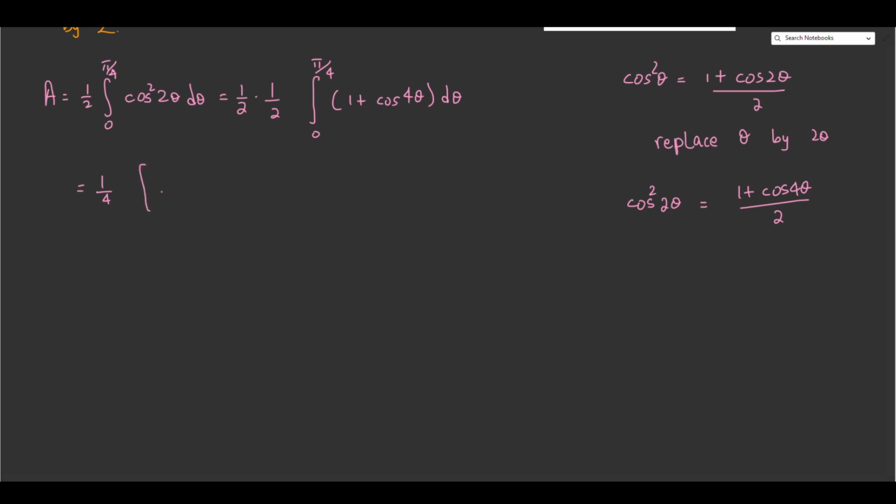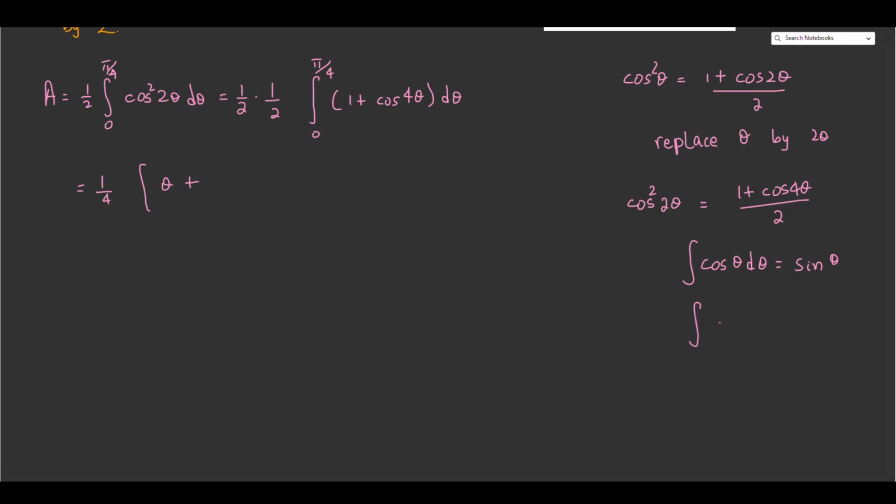The integration of 1 will be theta, and what is the integration of cosine theta? We know that the integration of cosine theta is sine of theta.